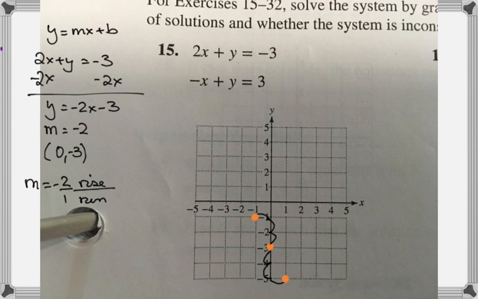So now we're going to connect the dots, but I don't want to make them so thick because then it's not all that accurate. 1, 2, 3 over 1. See, I'm already missing my target here. I don't like that at all.